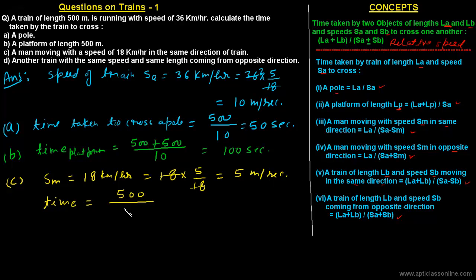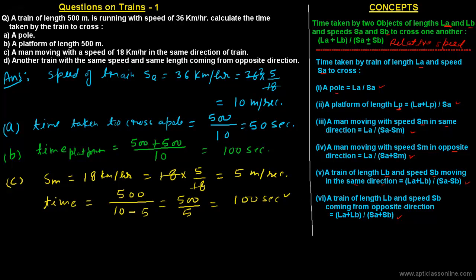The speed of train is 10 meter per second minus the speed of man, 5 meter per second. That is 500 by 5, that is 100 second. So this is the answer to question C.